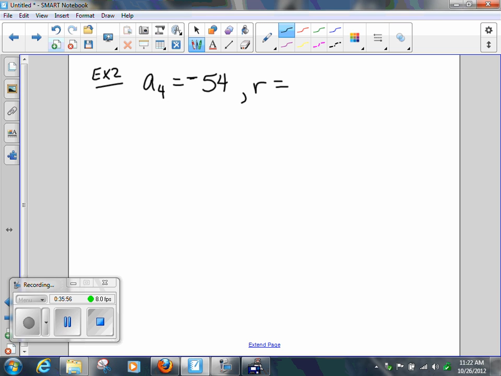The ratio is negative 3. I want you to find the nth term in this sequence.